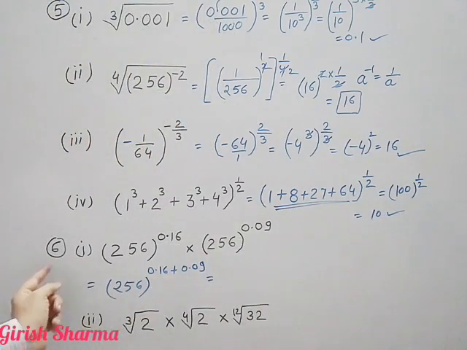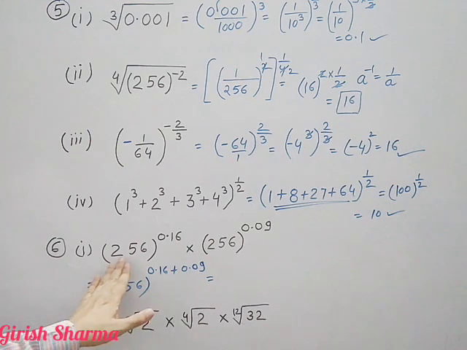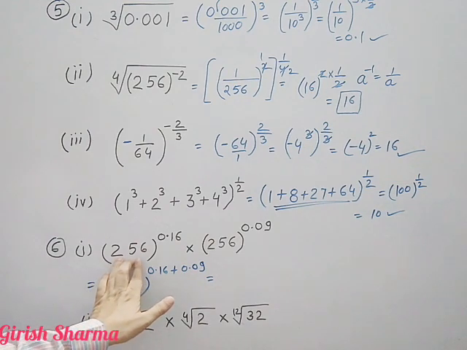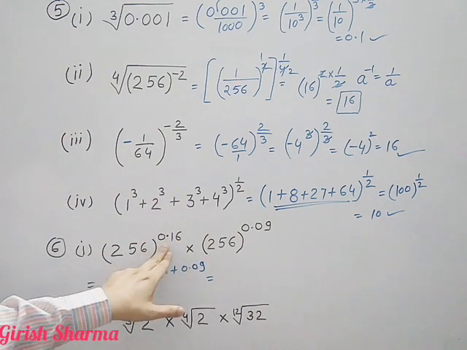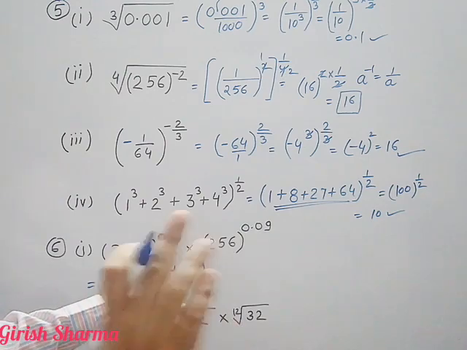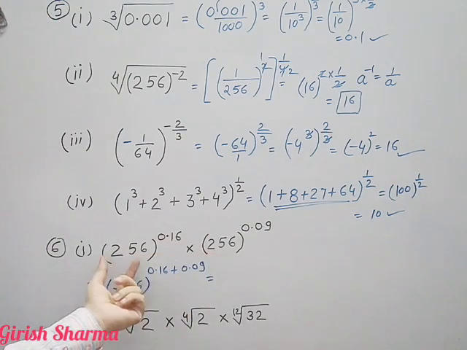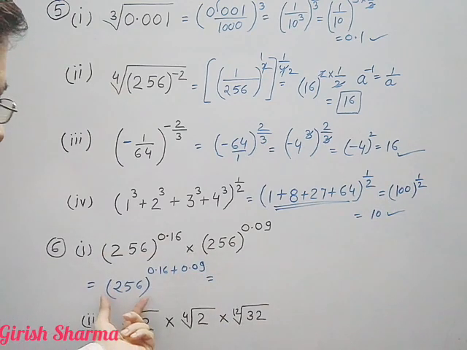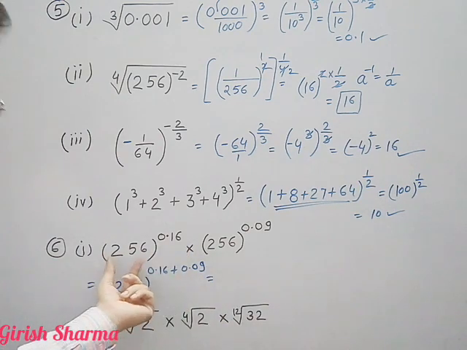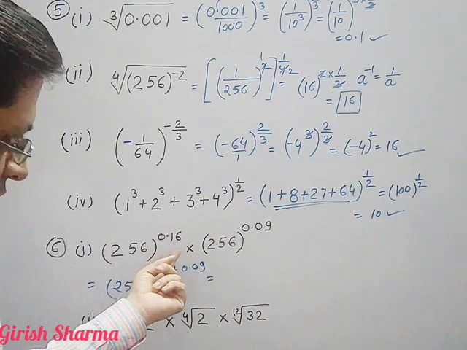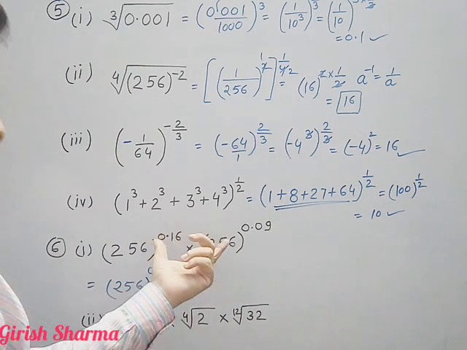Okay. Now looking at this, base is positive and power is given in decimals. So don't worry about it. Keep in mind only the law of exponents. See, base is this. Take the base as it is, and when base is same, multiply sign is given, then powers will be added.